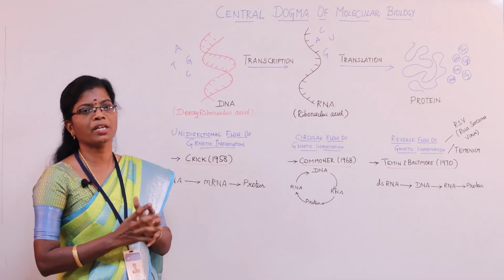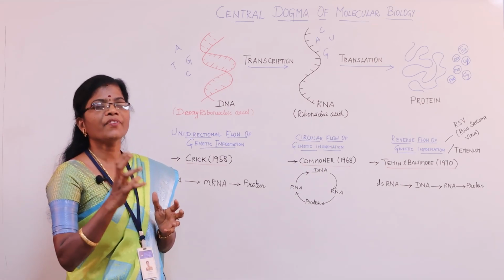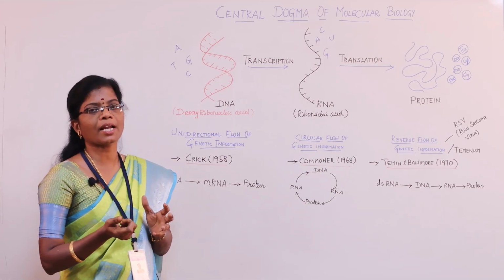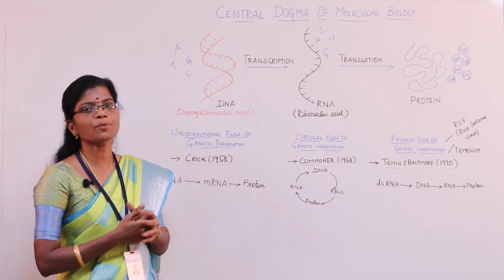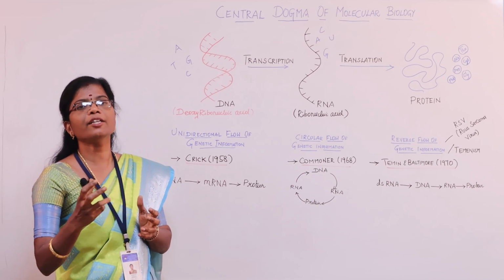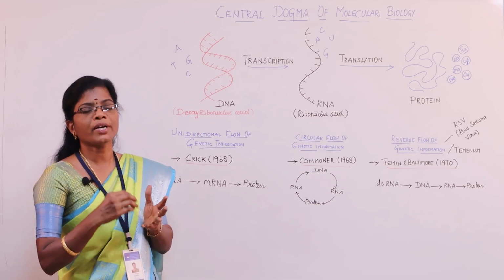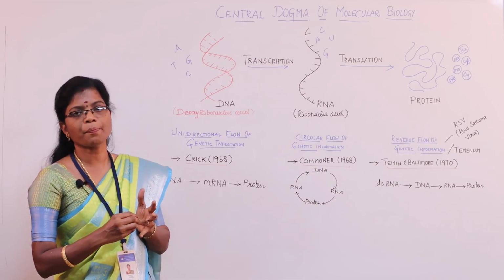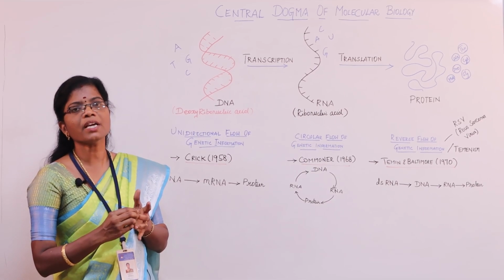The ribosome acts as a protein synthetic machine. There are two subunits in the ribosome, the larger subunit and the smaller subunit. In the larger subunit, three different sites are present: the A site, the P site, and the E site.